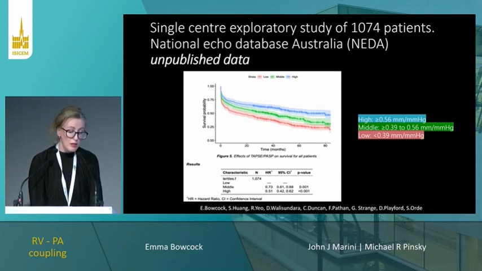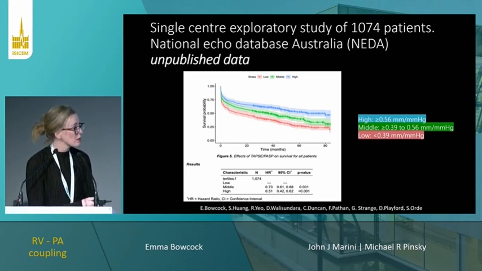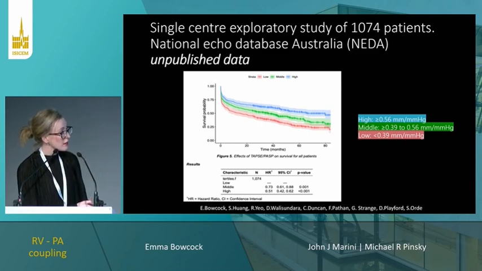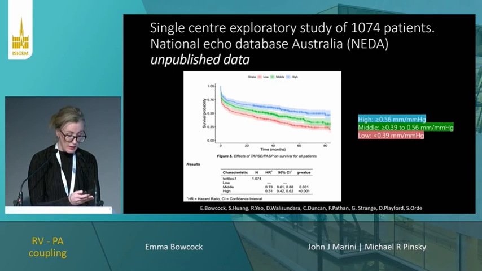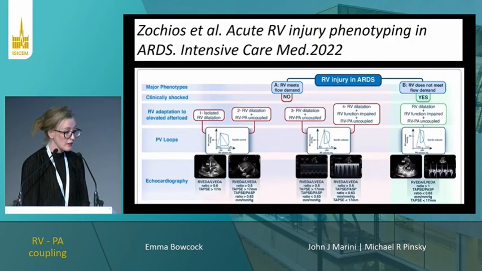We've recently looked at over 1,000 patients in our unit using the National Echo Database of Australia and using tertiles to categorize these ratios. We can see that those in the middle and lower tertiles, with coupling metrics less than 0.39, seem to have higher short and long-term mortality.